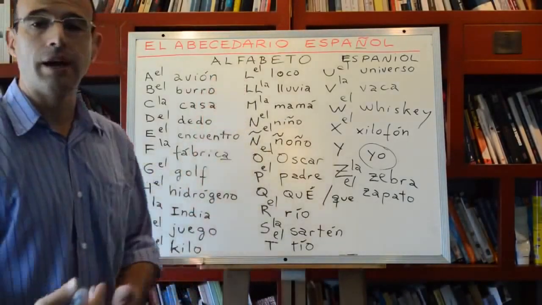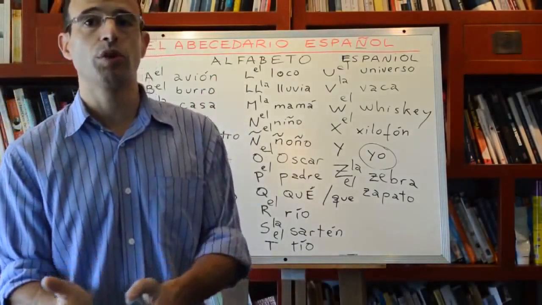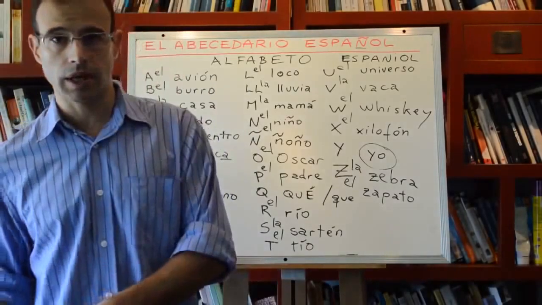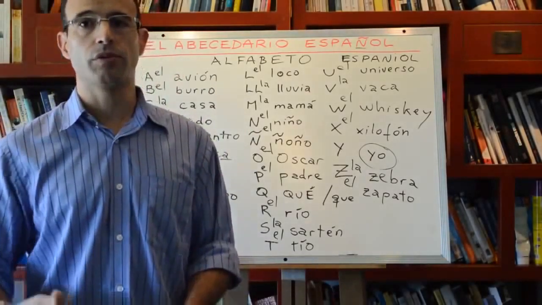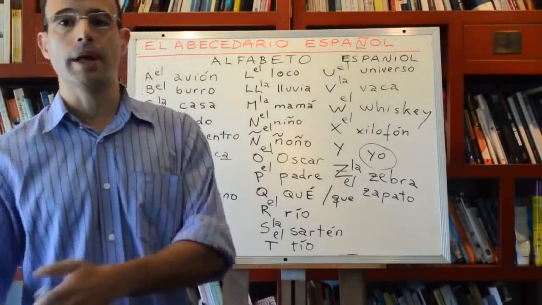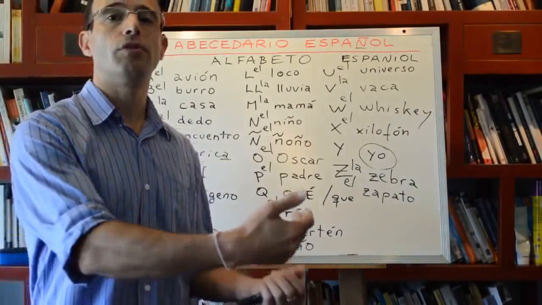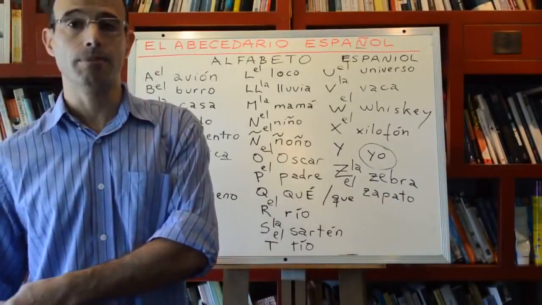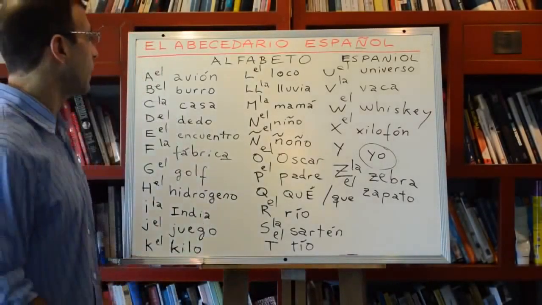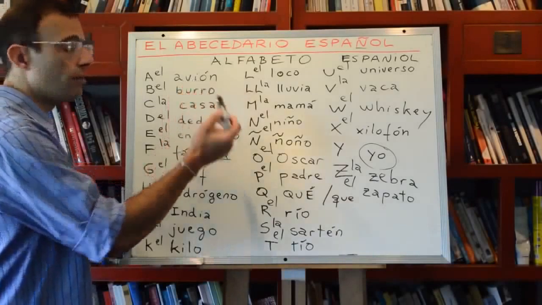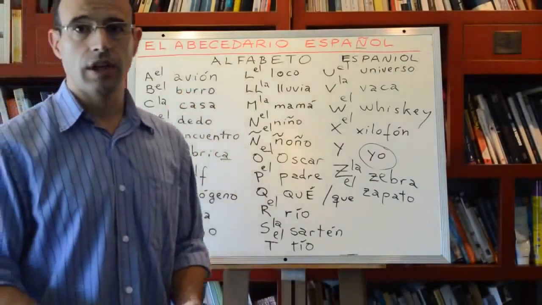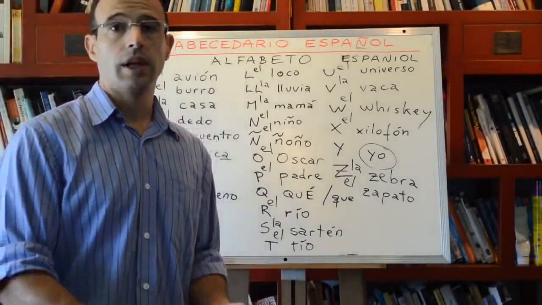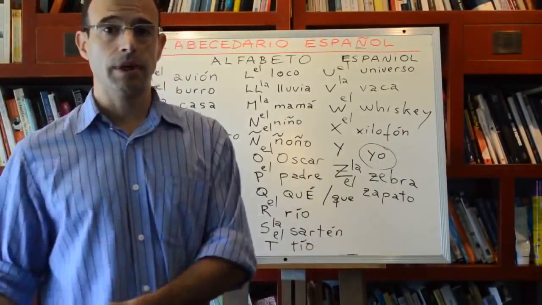So there are some nouns that we can switch from masculine to feminine. For example, the word for dog: perro, perra. Perro for dog, perra with A for bitch. So it's not the case with avión, because avión has no gender. You cannot have a male and a female plane.